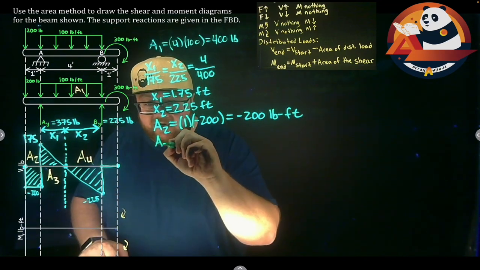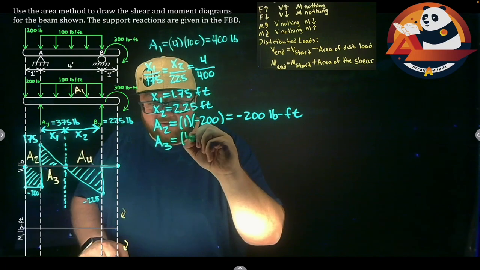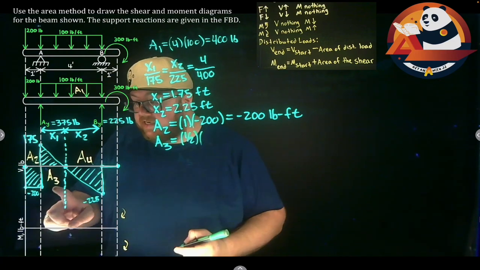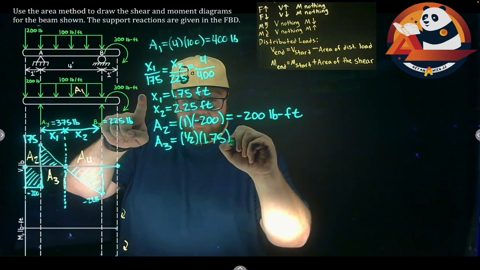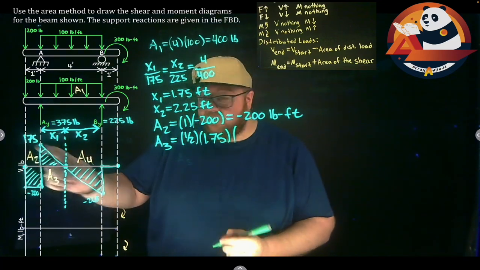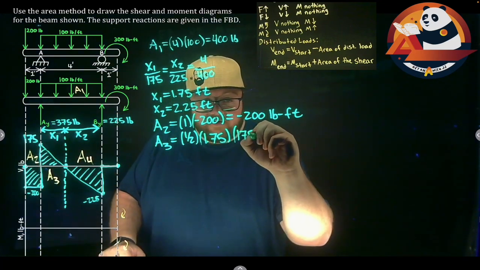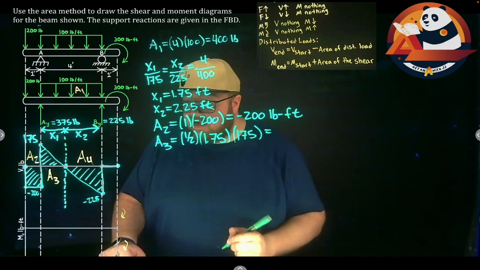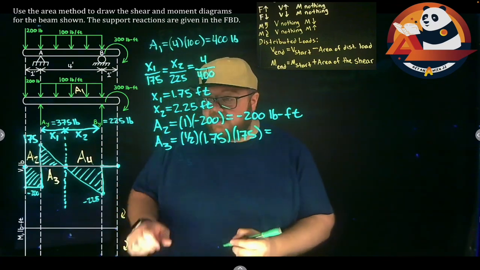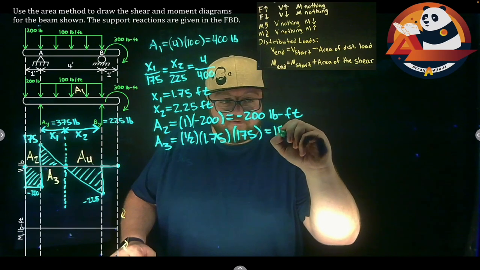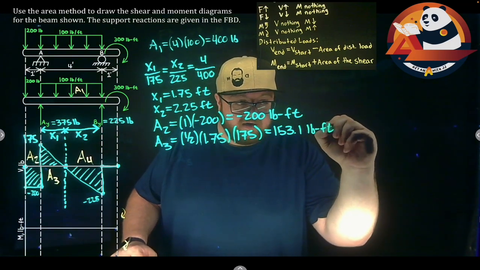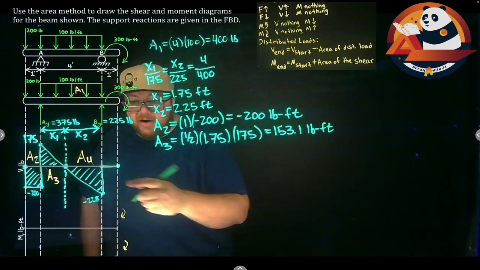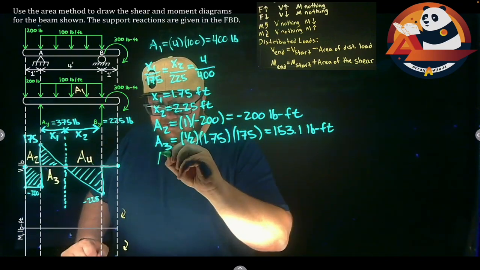Area 3 is a triangle, so we should have 1/2 our base is x1, 1.75, times our height is 175. This will get us the area 3 is 153.1 pound-feet.